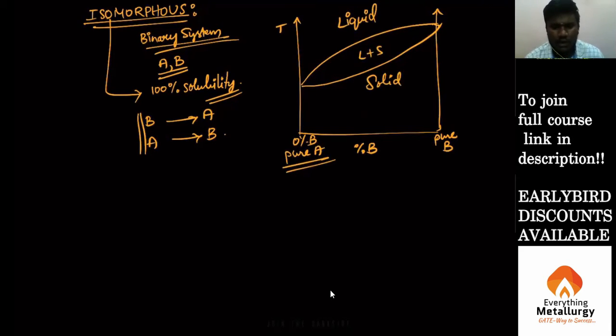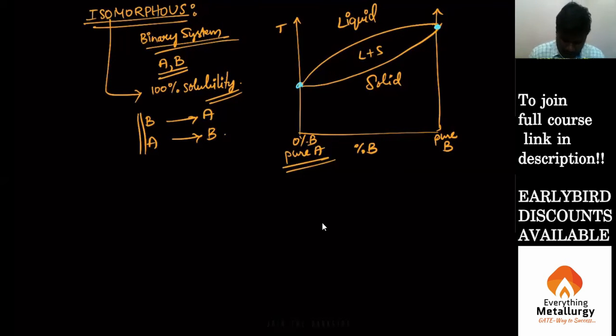Now, what I was talking about is the solubility. As you can see, there is no barrier to how much B can go into A, and similarly on the other side. The two end points are on the axis itself, which means there is no limit to how much B can dissolve into A or A into B. This is what the isomorphous diagram tells us.